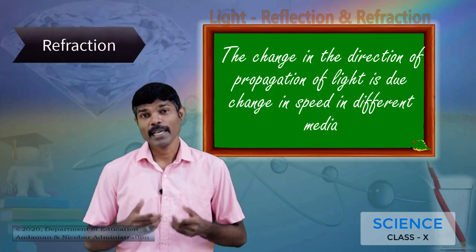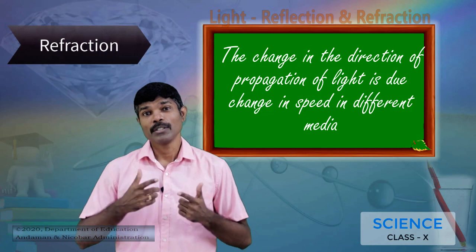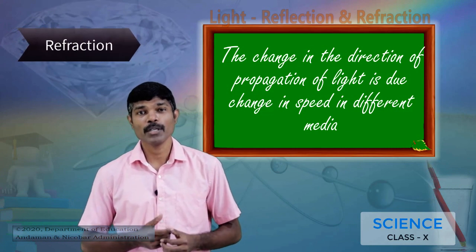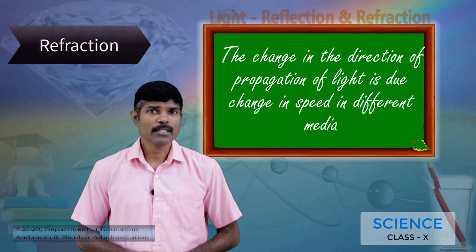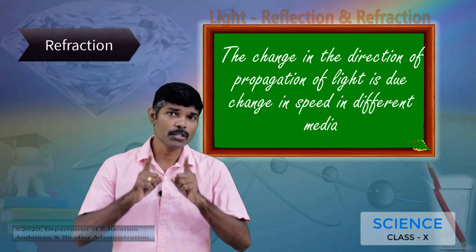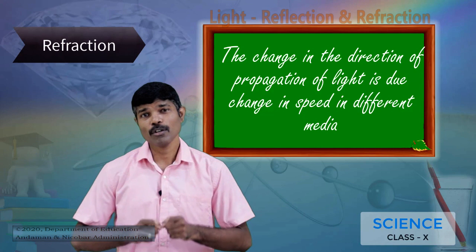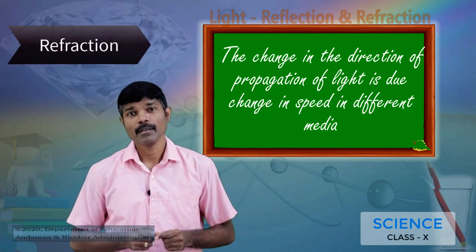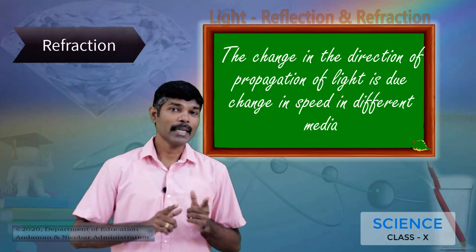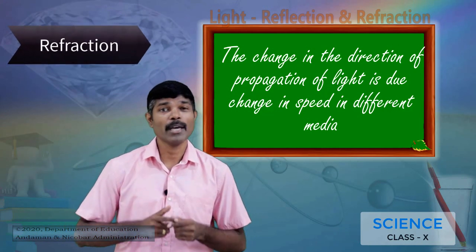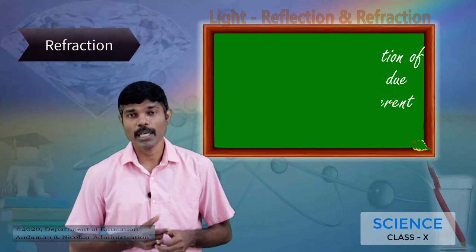That means we can see somewhat change in direction of propagation of light. One more thing you have to understand, that as long as the medium remains same, then the direction of propagation of light remains same. If the medium changes, then the direction of the propagation of light will also change.